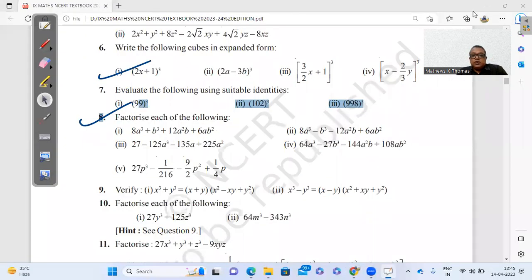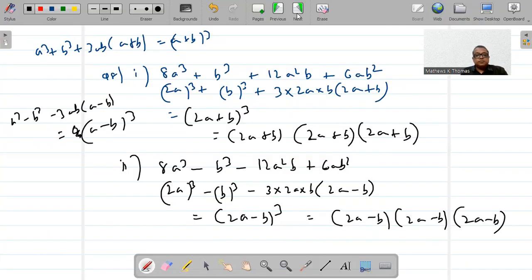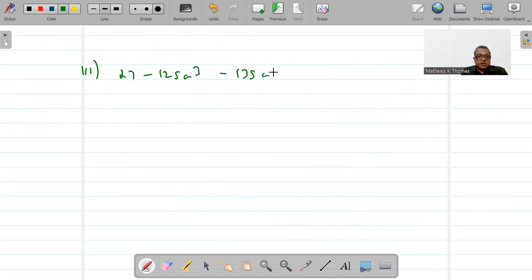Next question will be 27 minus 125a cube minus 135a plus 225a square. Okay. So let's go to the third part now. Third part is 27 minus 125a cube minus 135a plus 225a square, right?